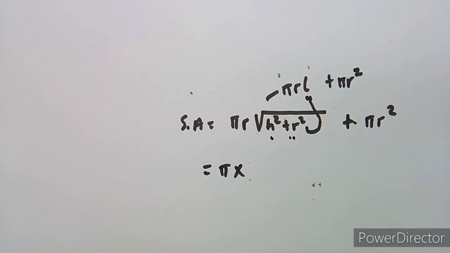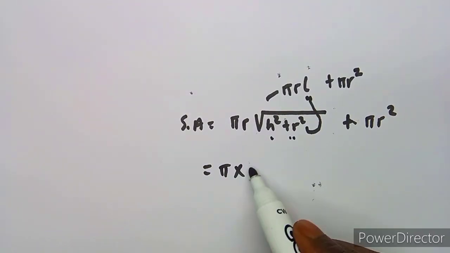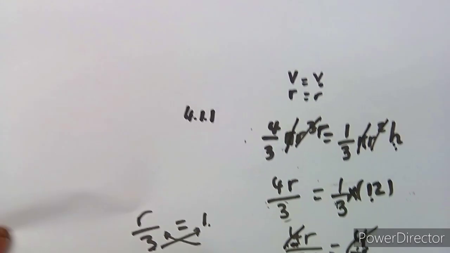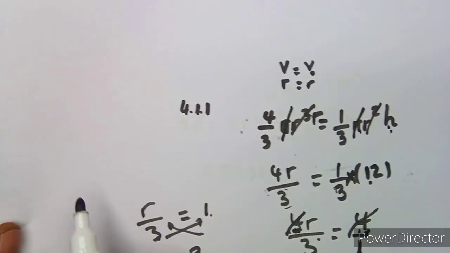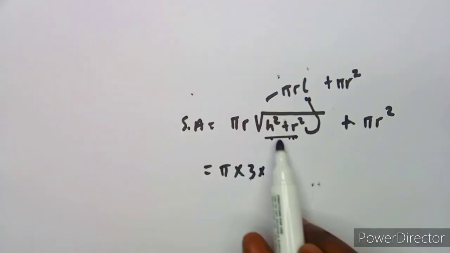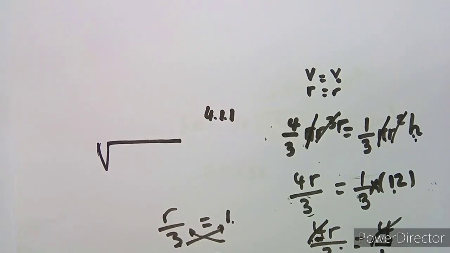Okay, our radius was actually 3 here. All right, so it's going to be 3 times the square root of h squared plus r squared, which is going to give us l.